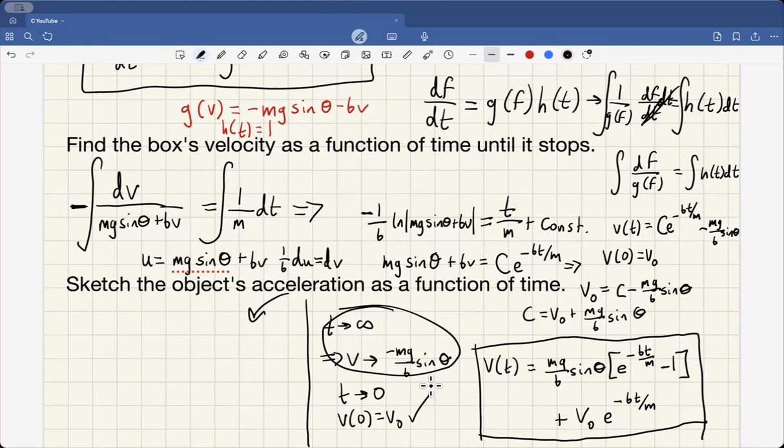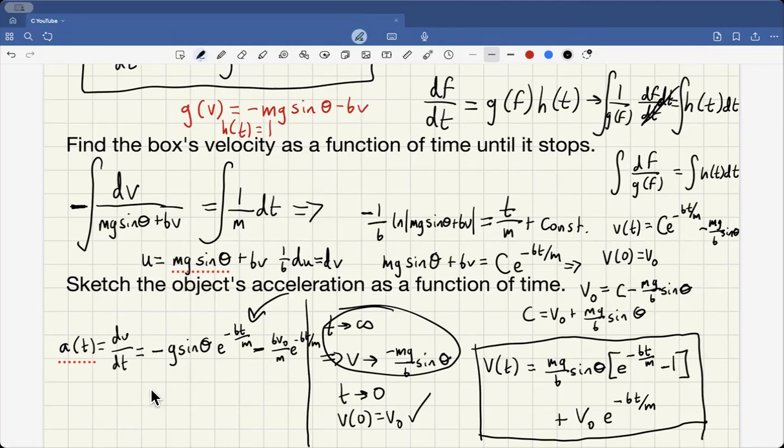All right. How do you sketch the acceleration as a function of time? And we'll say until it stops again. I forgot to write that as usual. What you have to do is first find the acceleration. That's equal to the derivative of velocity, which is going to give you a negative g sine theta e to the negative bt over m minus bv0 over m e to the negative bt over m.